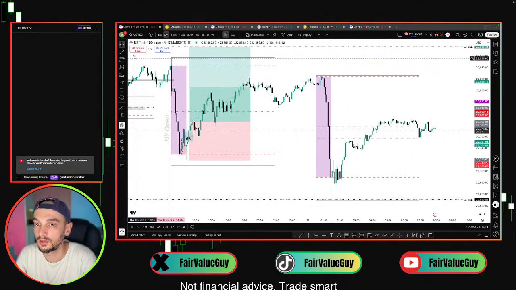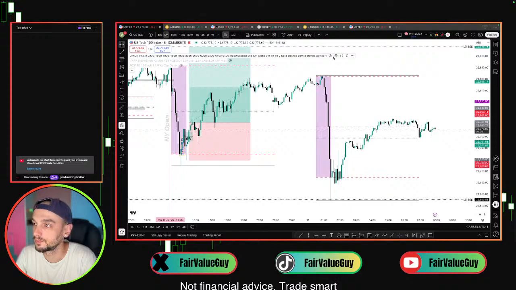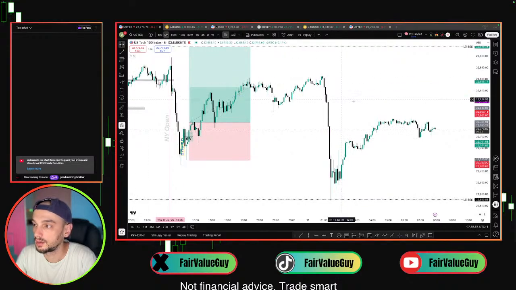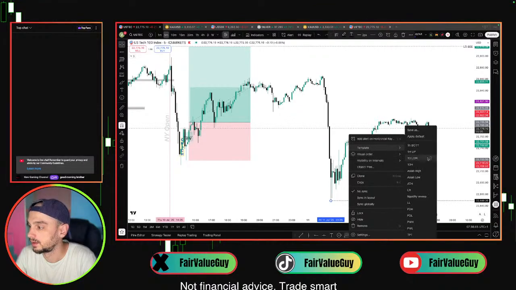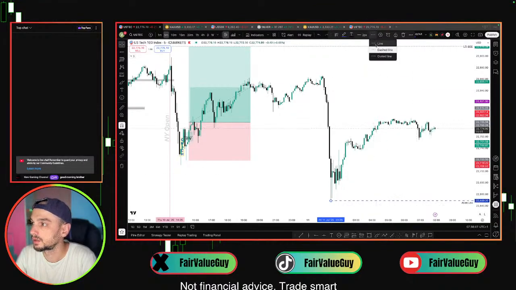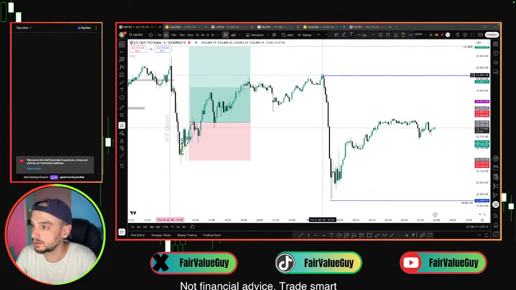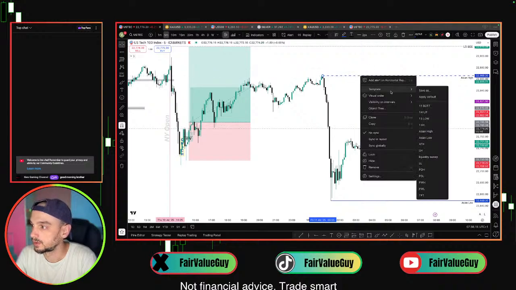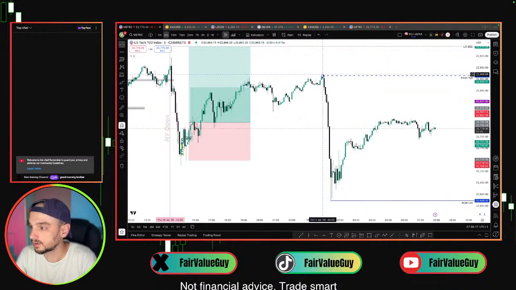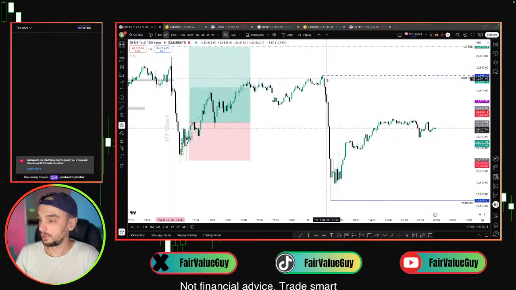So I'm going to turn off the DR now and let's mark the highs and the lows. I'm going to take away this liquidity sweep because it aligns with the Asian lows. I'll make it solid, and this is the Asian highs right here. So you see what I mean, from Asian highs, only black candles, to the Asian lows.